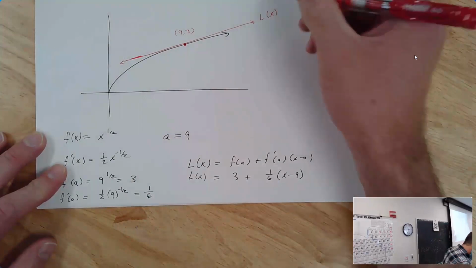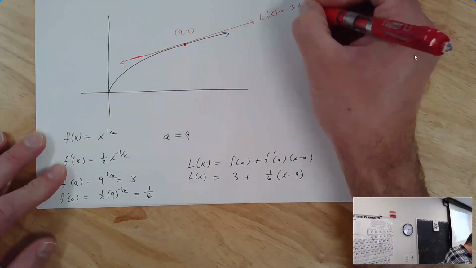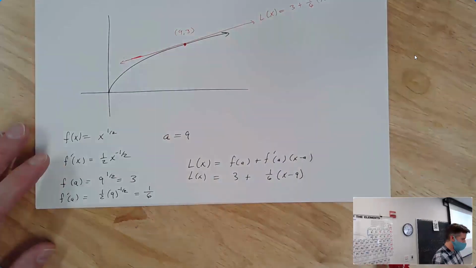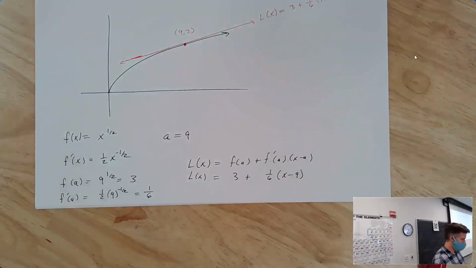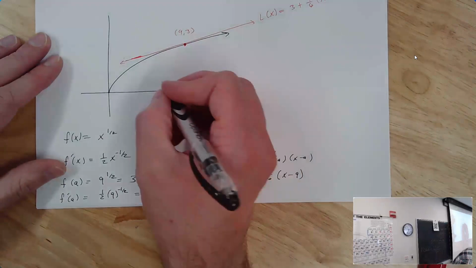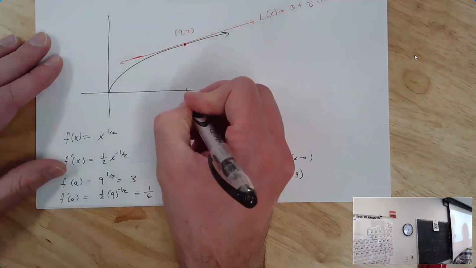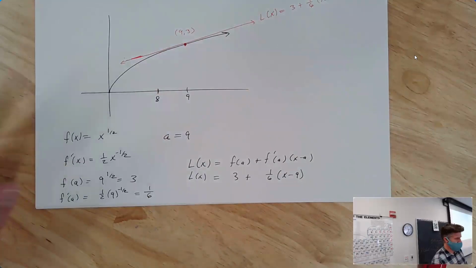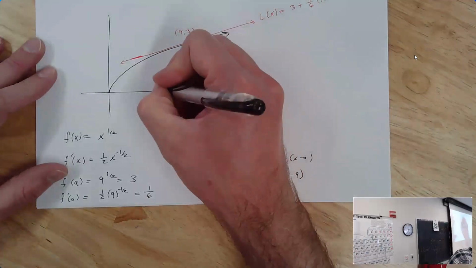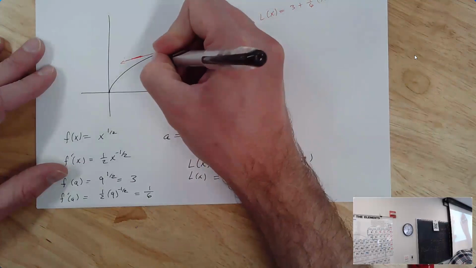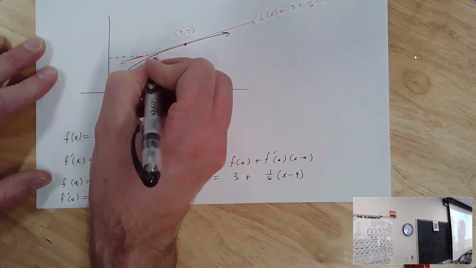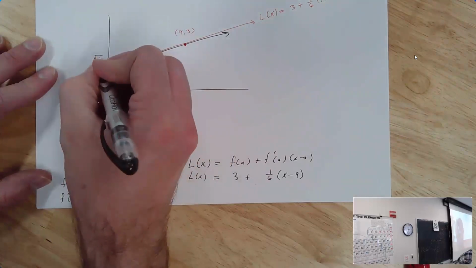And now the idea is we want to use this linearization to approximate the square root of 8. Let's say that's 9. I'm going to make it a little bit exaggerated. I know 8's not really that far over, but bear with me. So if 8 were right here, there's the square root of 8.